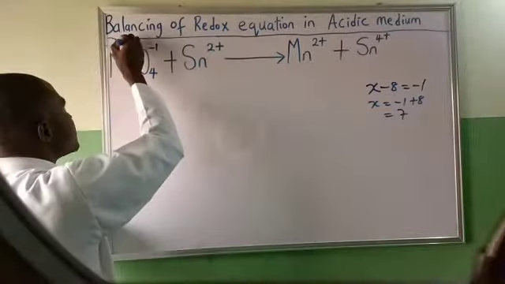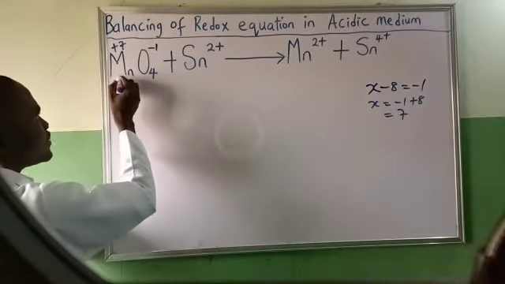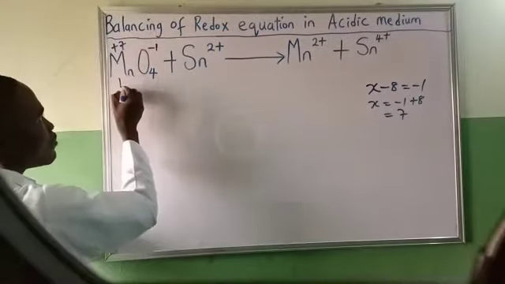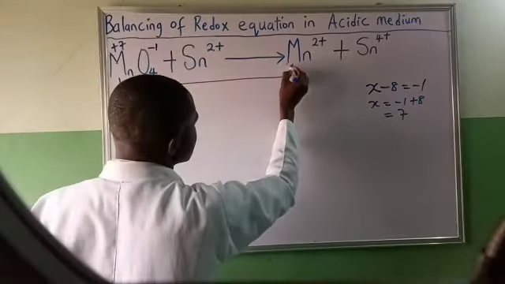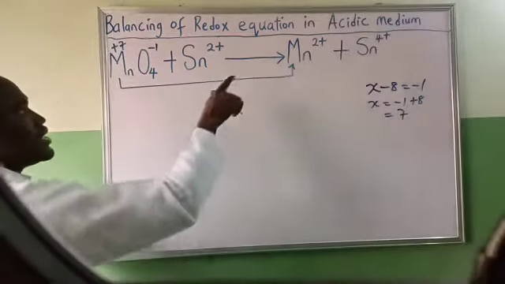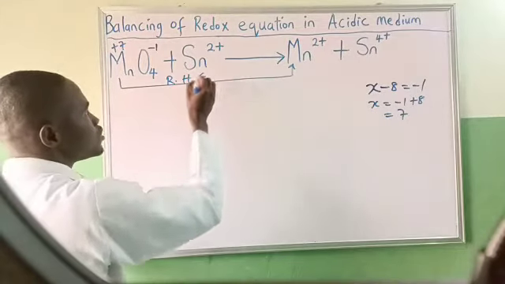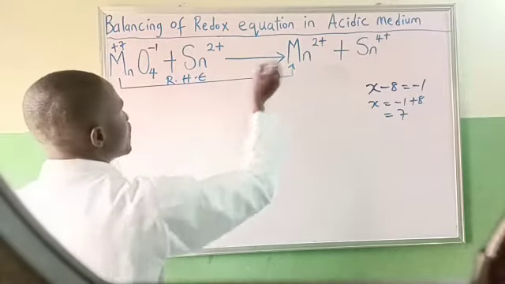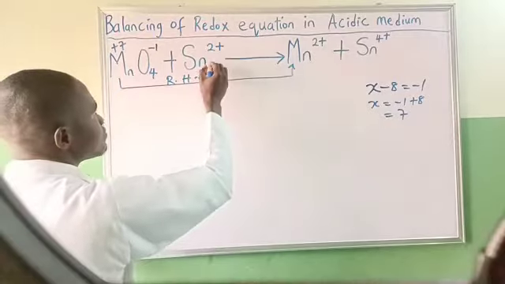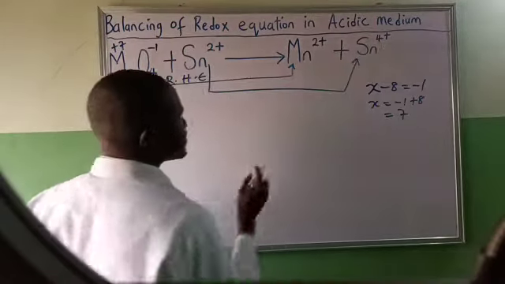I'll put plus 7. Now, you will notice here that this manganese, which is plus 7, coming to this side, it reduces. The valency reduces. So we say this is the reduction half equation. Whereas this one, coming to this, it increases.